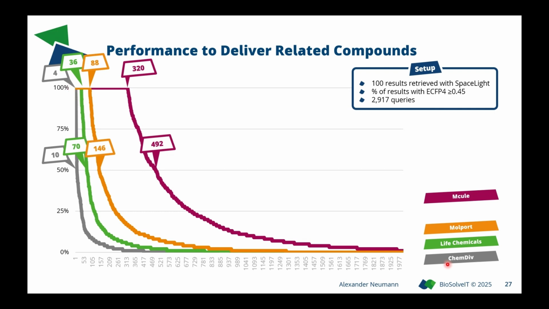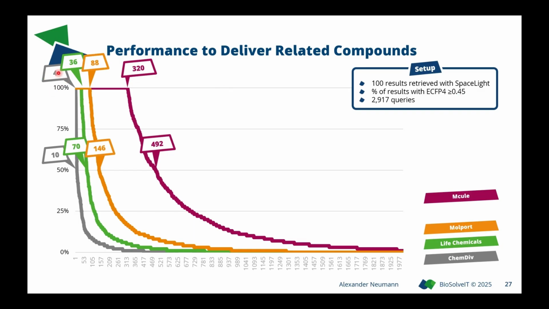Ultimately, for ChemDiff, only 4 out of the 2,917 queries provided you with 100 results where all of the results had an ECFP4 score higher than 0.45.